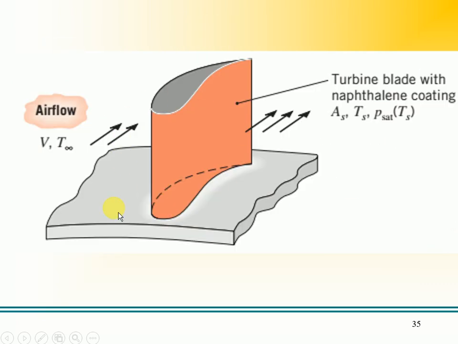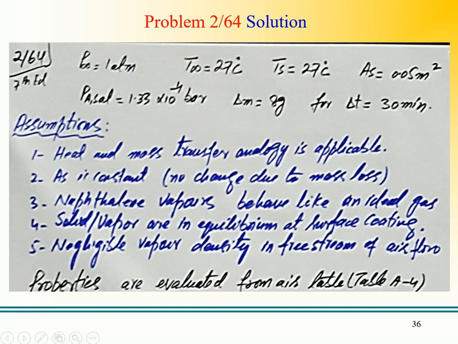So this is the blade, of course, and air is flowing with the velocity V, and of course temperature T infinity. The turbine blade is coated with naphthalene. Of course, the surface area is AS, temperature TS, and we are given the saturated pressure at TS, that is the density at the saturated temperature. We are given P infinity, atmospheric pressure, 1 atmosphere, the atmospheric temperature 27 degrees centigrade, and surface temperature 27 degrees centigrade.